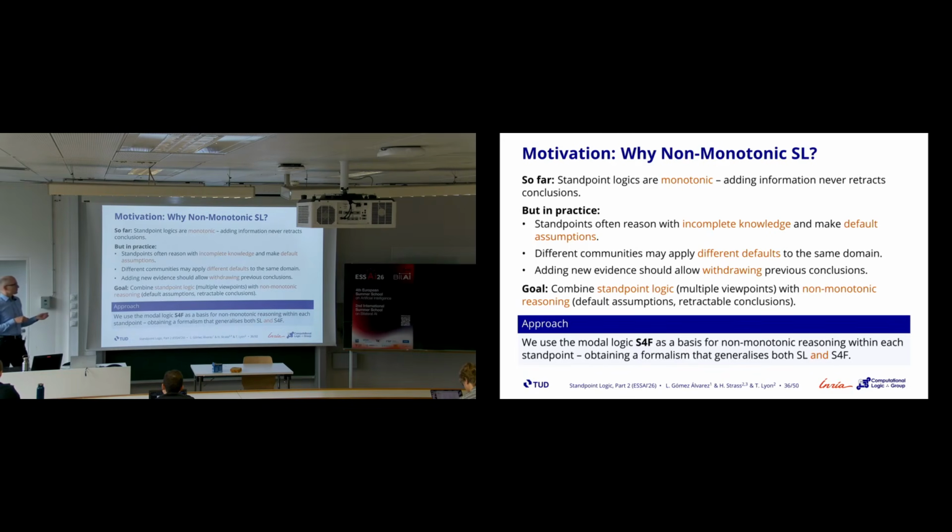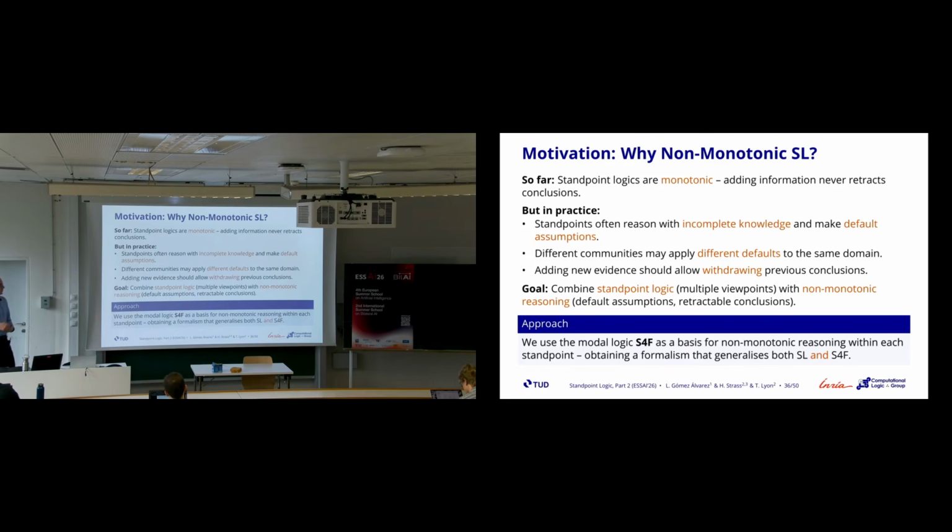So our goal in this sub-project was to combine the multiple viewpoints that we have in standpoint logic with the non-monotonic reasoning capabilities of existing logics, where we can make assumptions and also retract them if it later turns out to have been unjustified.